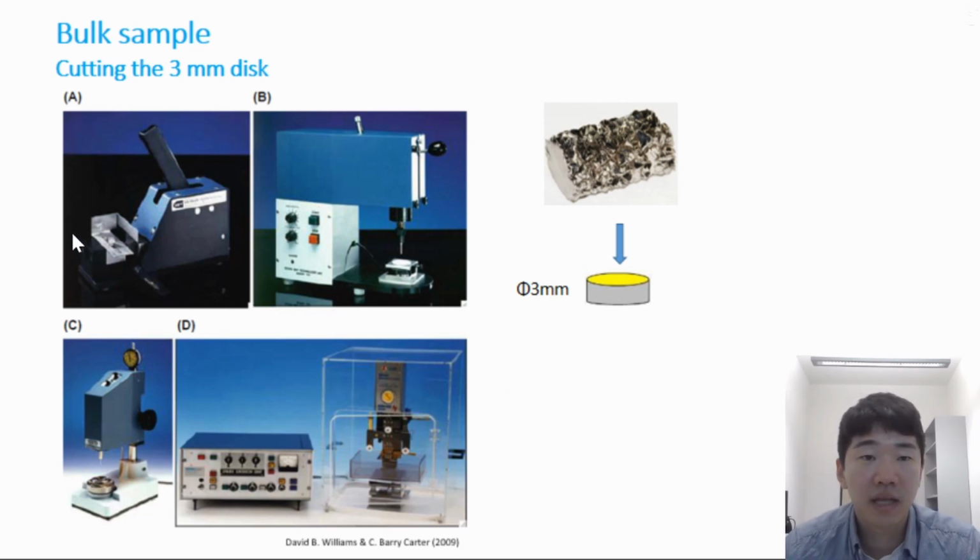This one is a mechanical punch for stamping discs from a thin sheet sample, this is an abrasive slurry disc cutter, this is an ultrasonic cutter, and this is a spark erosion cutter. The erosion takes place under a solvent, behind a safety shield. These are all about making samples small enough for further steps.